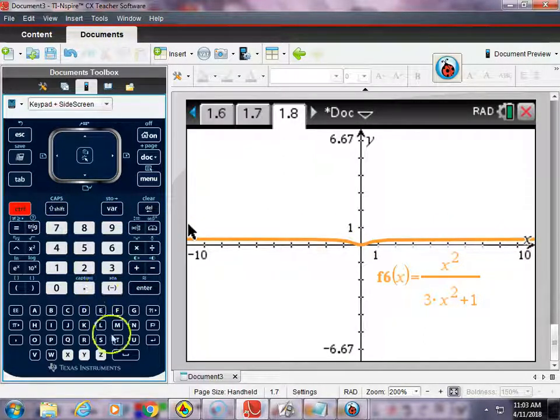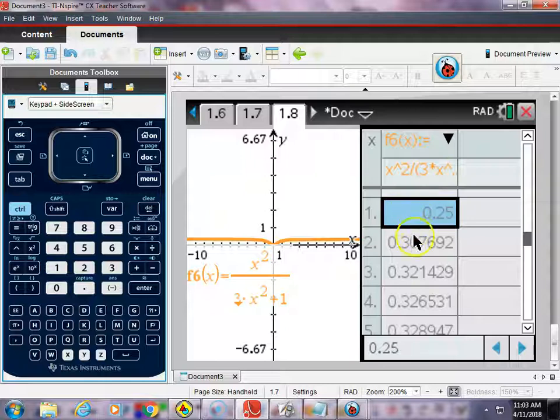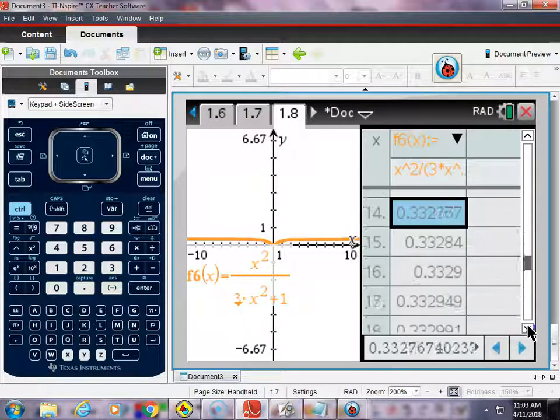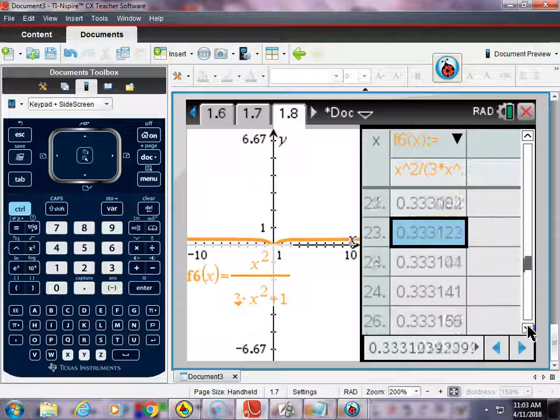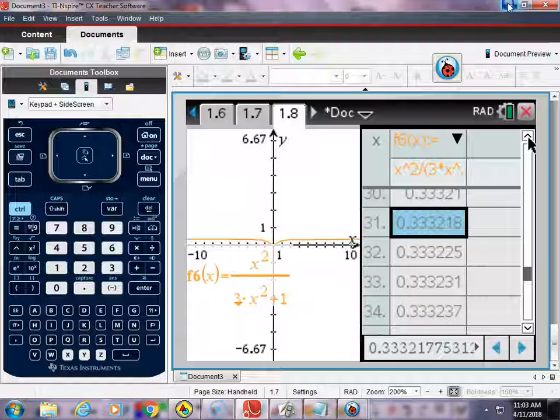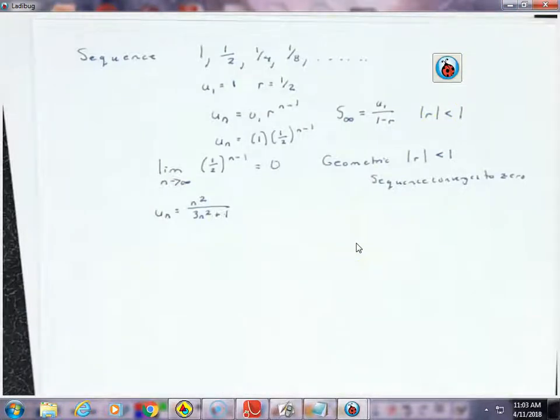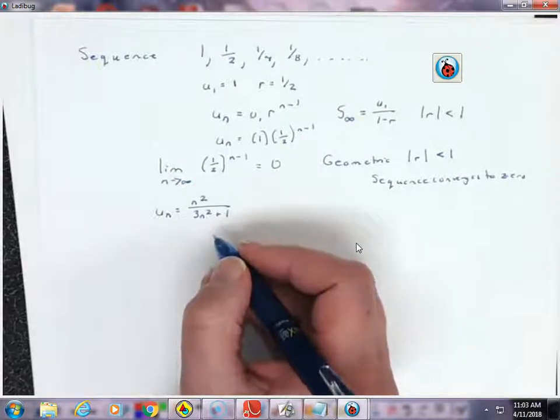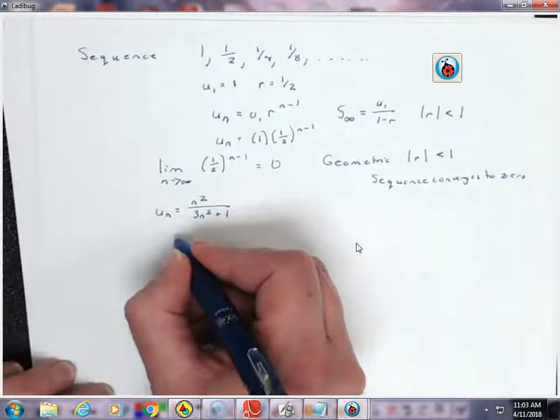Let's look at the table. We're just looking from 1 on. If you substituted 1 into the formula and kept going, there is a little bit of numerical evidence for this seeming to go towards a third. You could go quite a ways out, but the general idea is it seems to be going towards a third. That table was actually listing out the sequence for you.